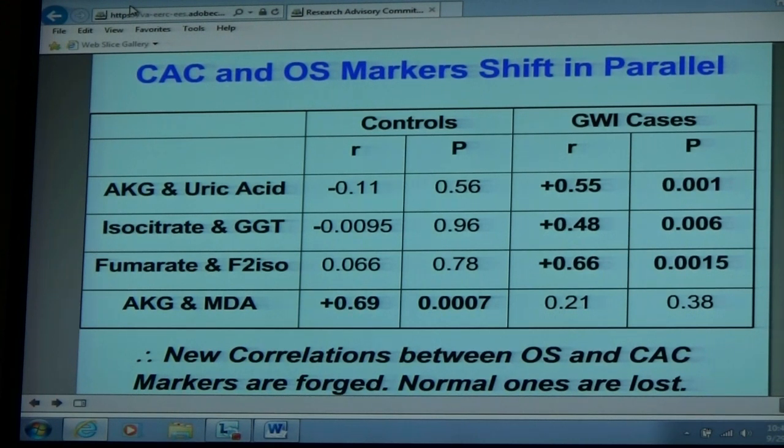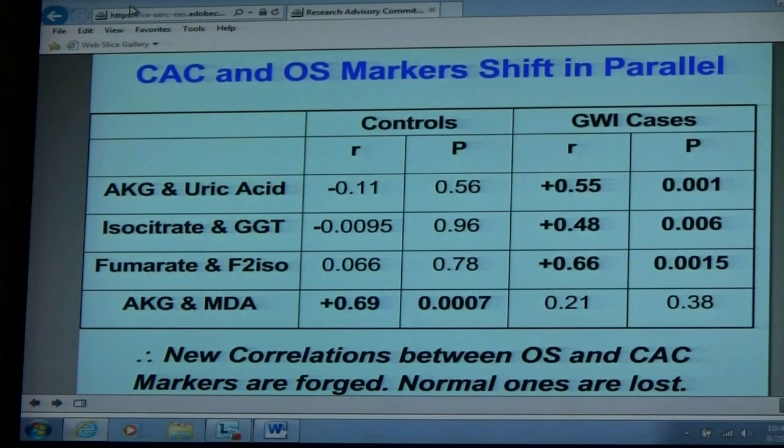In controls, it's powerfully related to malondialdehyde, which, remember, in normal conditions is considered to be a marker of oxidative stress. The correlation coefficient is around 0.7, with very powerful statistical significance, whereas in Gulf War illness cases, we largely lose this correlation.